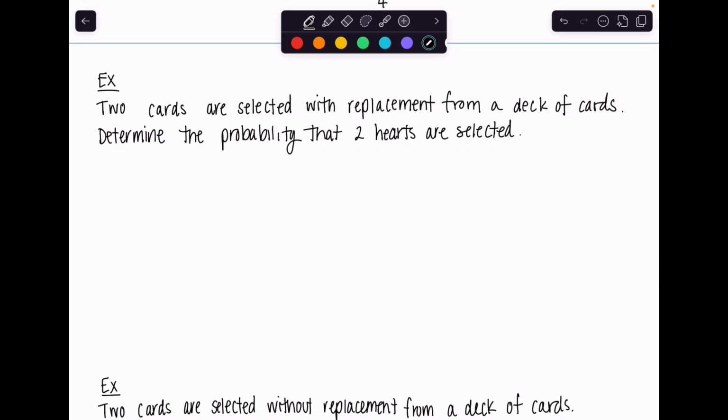So I have to consider 2 different draws. So for my first draw, my probability of getting a heart is 13 out of 52, or a 1 in 4 chance of getting that particular suit.